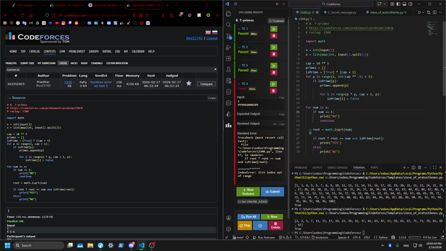So line 27. Root times root equals num. Ten to the 5. This has 12.